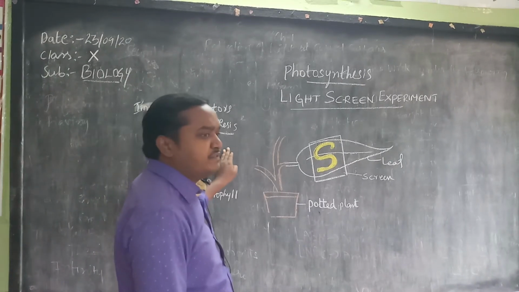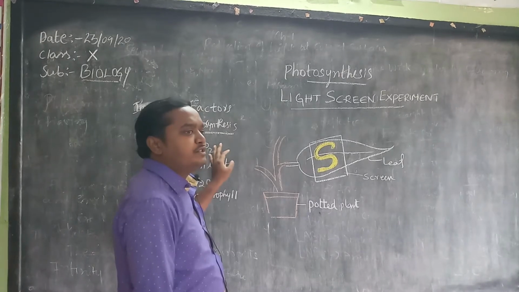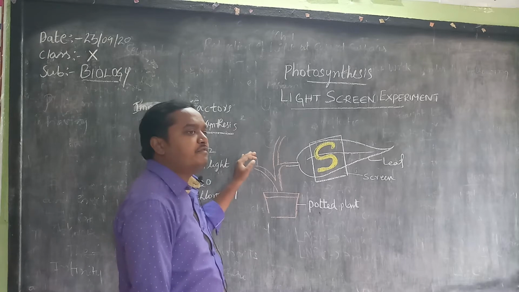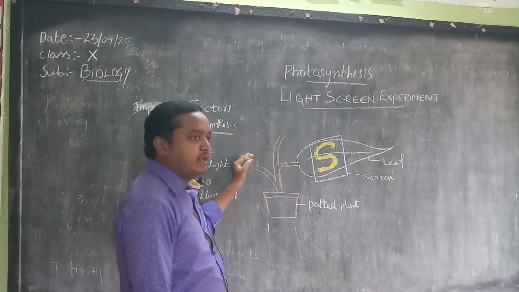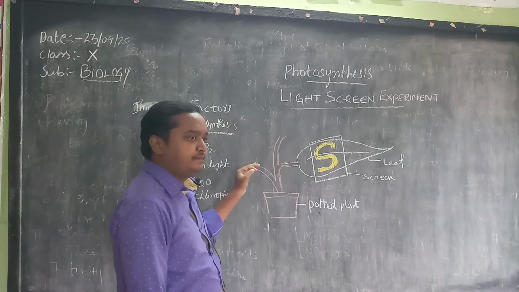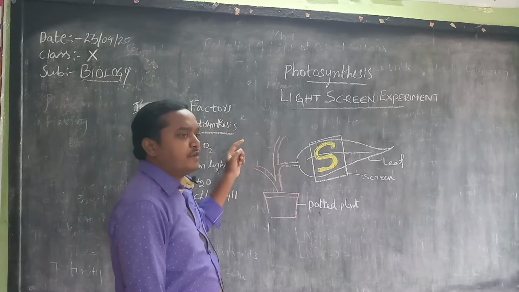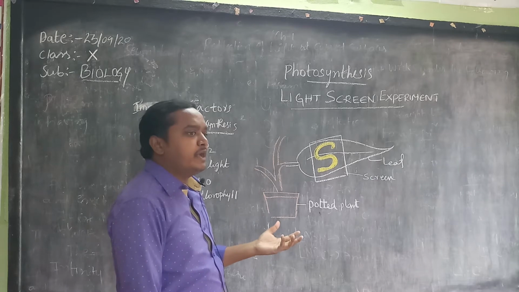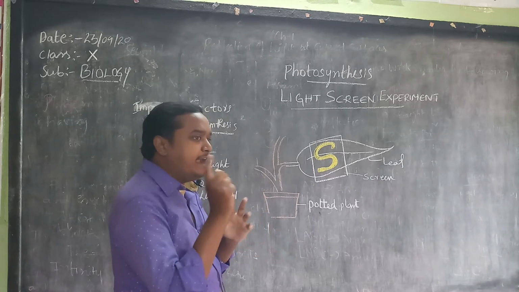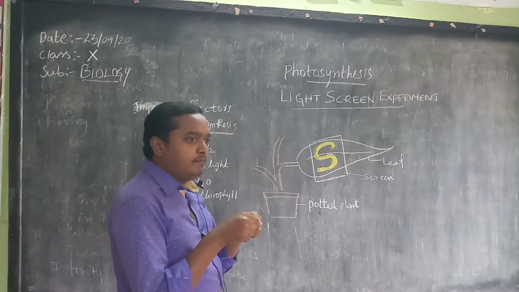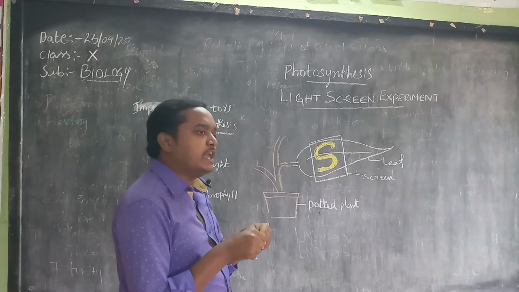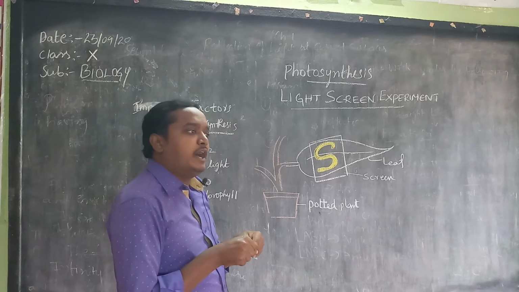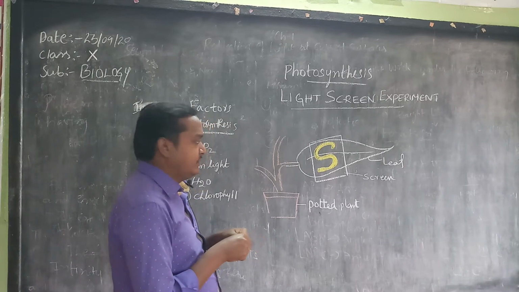The important factors for photosynthesis are four in number: carbon dioxide, sunlight, water, chlorophyll. In the last class we saw the importance of carbon dioxide. The name of the experiment is Moll's half-leaf experiment. In that we removed the carbon dioxide from the wide-mouthed bottle by using a chemical called KOH, potassium hydroxide solution.